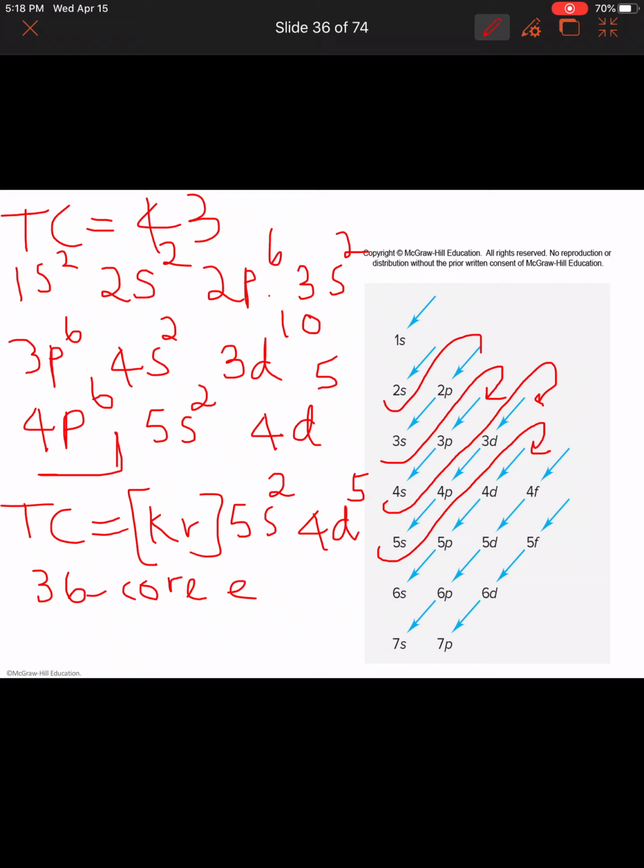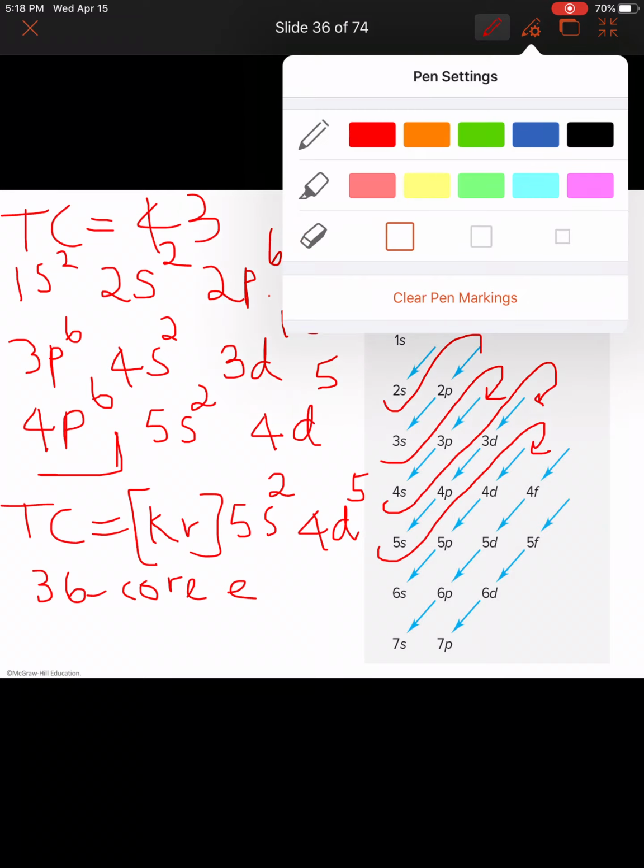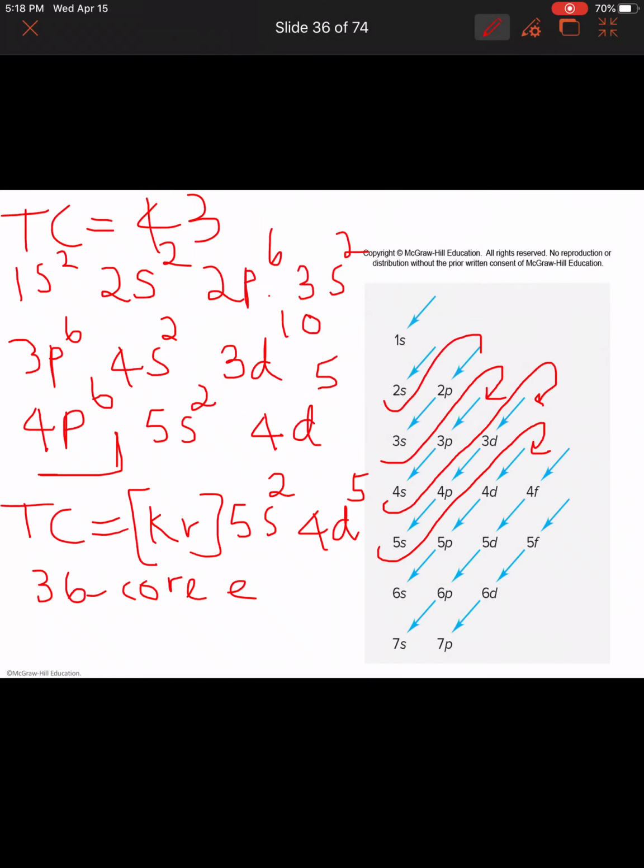In this case, the valence electrons are going to be this 5s2 and 4d5. Trying to find a different color.